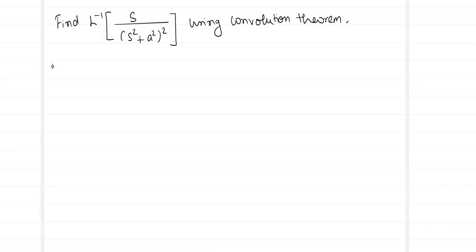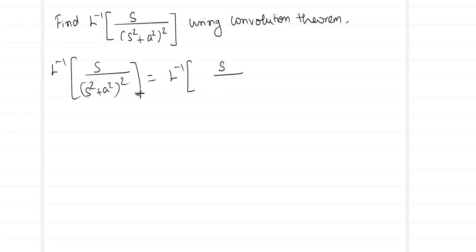Now, the Laplace inverse of s by (s square plus a square) the whole square can be written as Laplace inverse of s divided by, since you have a whole square, let me split it as (s square plus a square) product 1 divided by the second factor (s square plus a square). Now, what do we know from the convolution theorem's corollary?